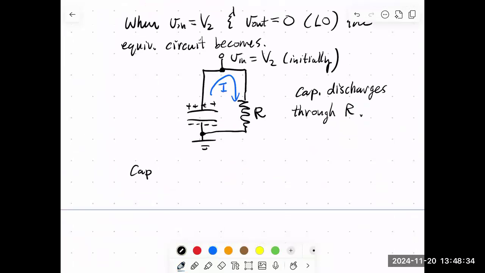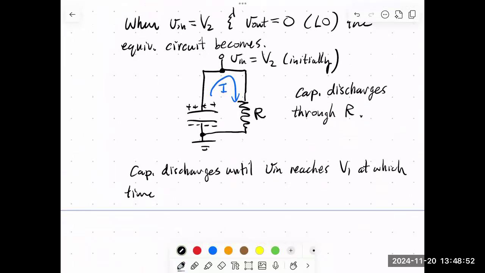So the cap discharges until V in reaches V1, at which time V out transitions from low to high.